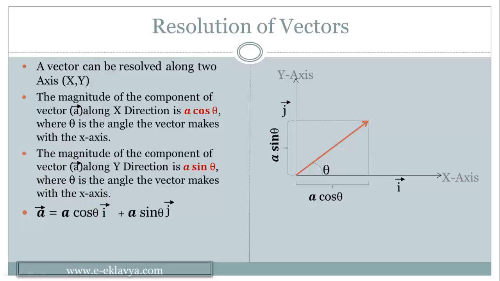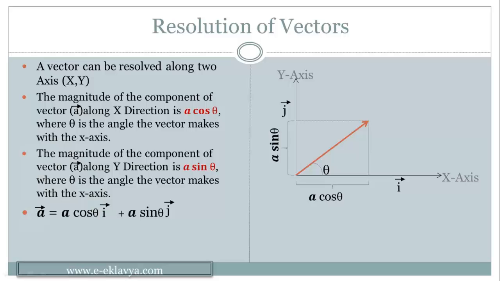The x-axis is the horizontal one and the y-axis is an axis perpendicular to it, right? The vector component along the x-axis will have a magnitude of a cos theta. What is cos theta? Cos theta is the cosine of the angle theta which the vector makes with the x-axis. Here basics of trigonometry would be very helpful.